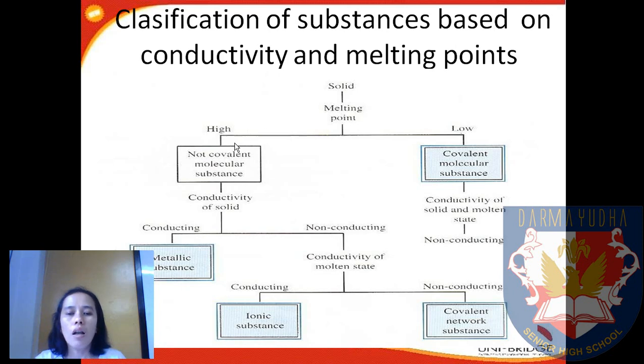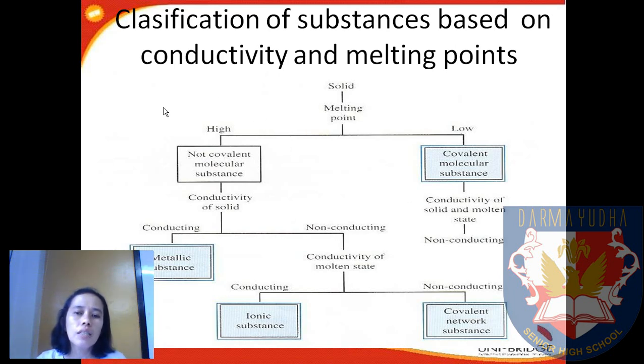Now, a solid with a high melting point is usually not a covalent molecular substance, but a solid with a low melting point and non-conductor is usually a covalent molecular substance. Covalent molecular substances also cannot conduct electricity, whether in solid, liquid, or molten state.